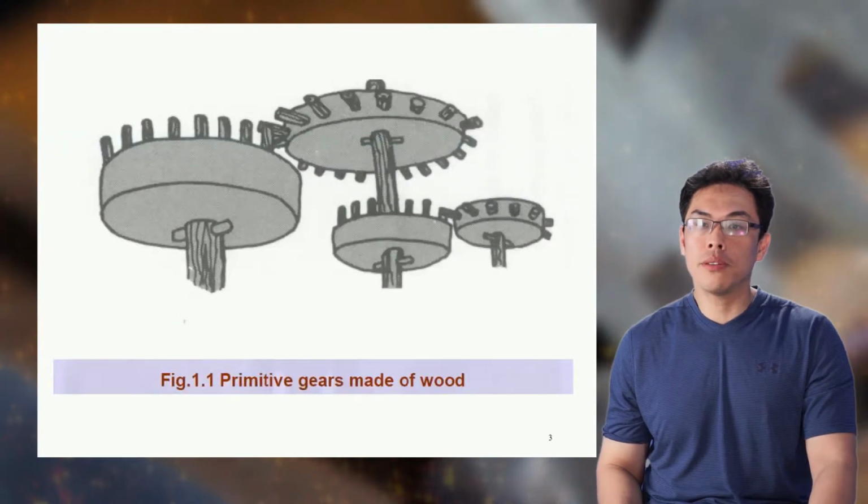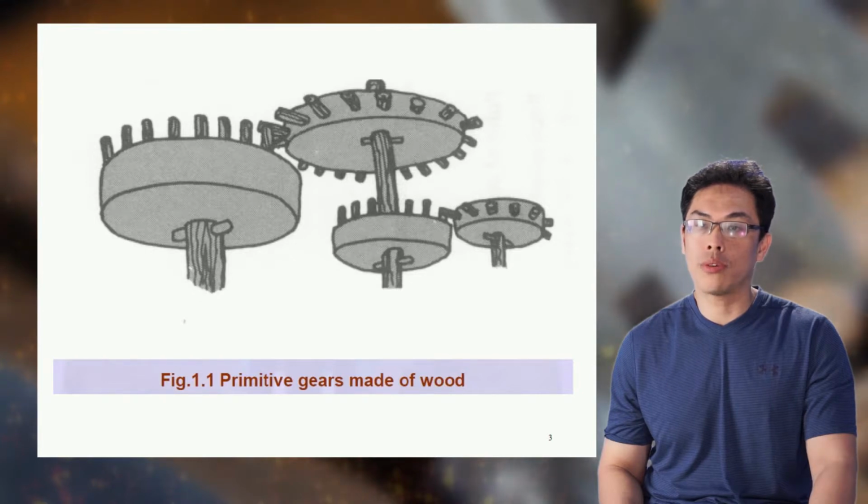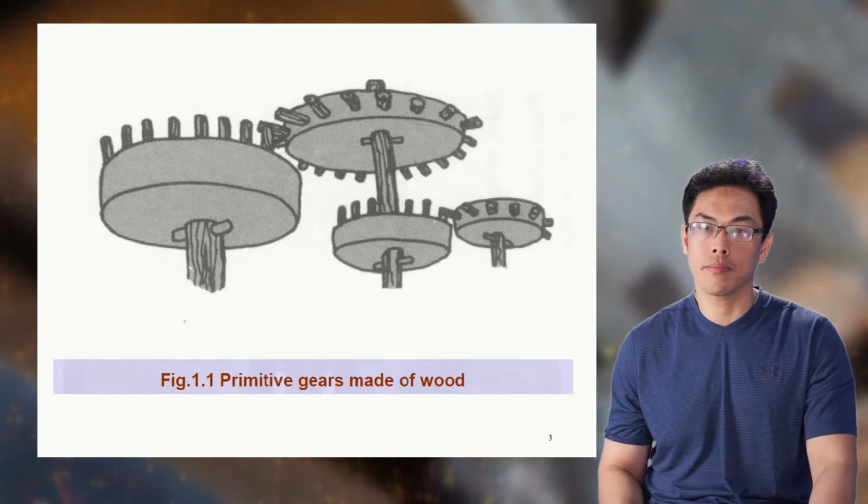The primitive gears are made of wood. This machinery made of wood, except for some iron fittings, is typical of milled work from Roman times.